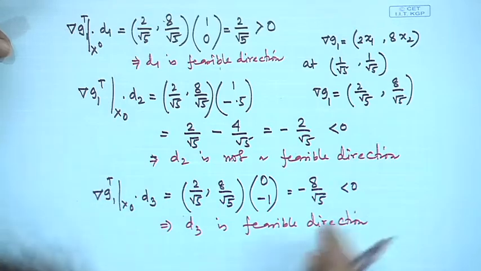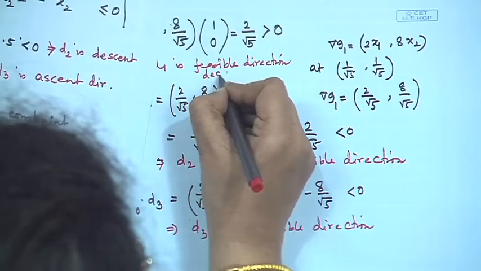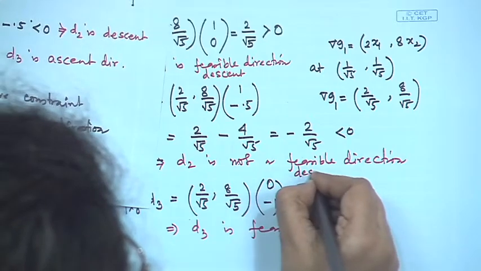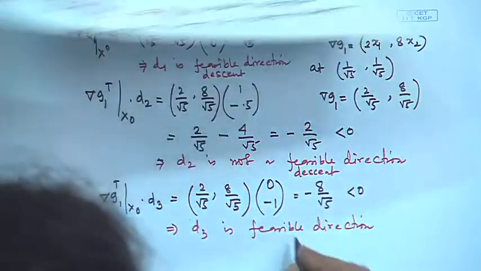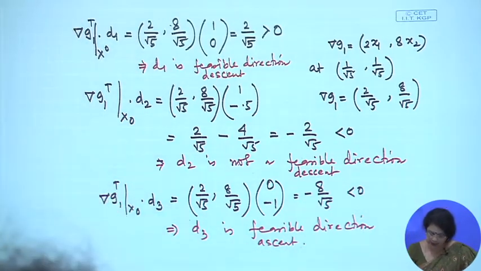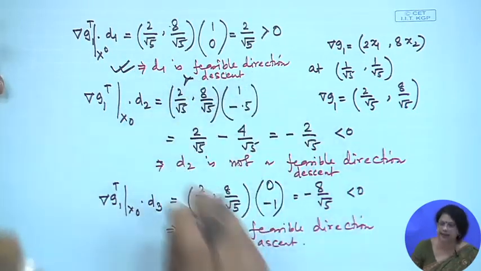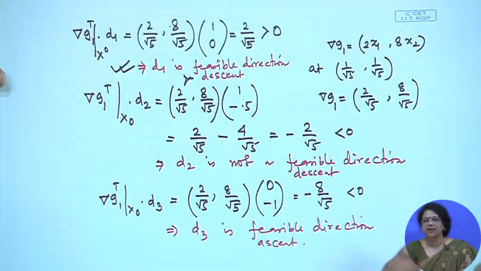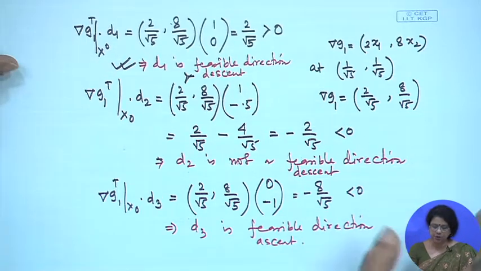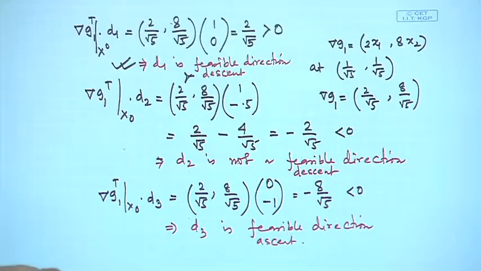If we keep all together, in the previous case we could see that D1 is a descent direction, D2 is a descent direction and D3 is an ascent direction. That is why we can conclude that only D1 is a feasible and descent direction, the other directions are not feasible and descent directions. That is why for the minimization problem we should move through D1. We can conclude that. Okay?